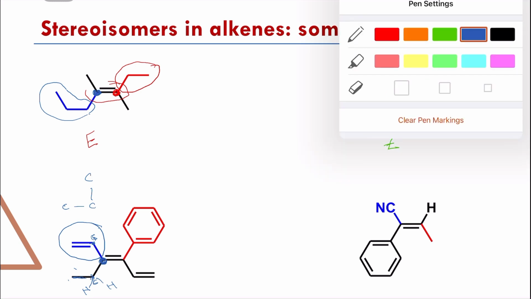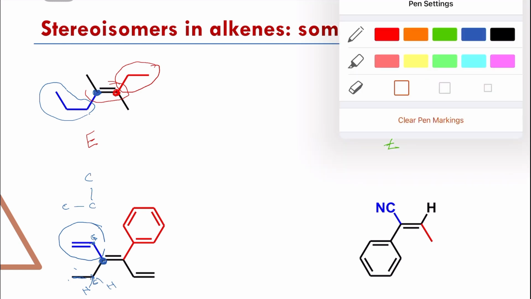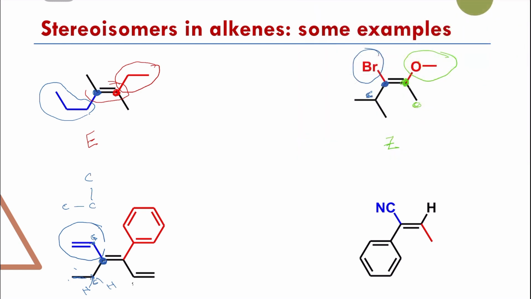Now looking at the other one. Again, we have the same group here with the double bond, and we have the phenyl group. Let's try to assign the priority. Let's look at the different attachments. The first one, this carbon is considered as if it's attached to two carbons.